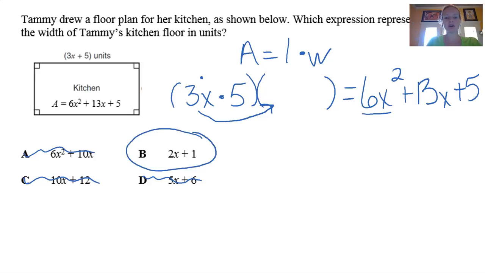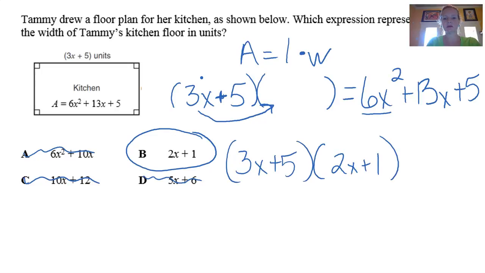Well, let's make sure it works. 3x plus 5 and 2x plus 1.